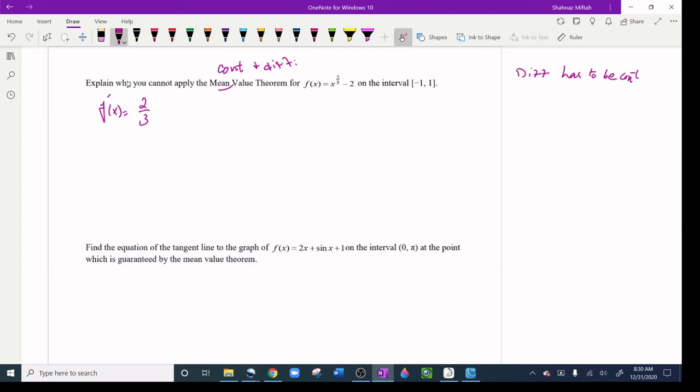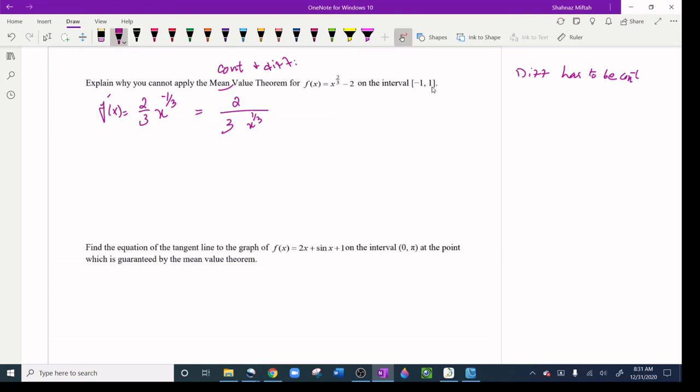Now since I need to know whether it's differentiable or continuous between -1 and 1, I'm going to say this is not differentiable, because when I plug in 0 here, -1 and 1 has a 0 in the middle. If I plug in 0 here, it's going to be undefined.